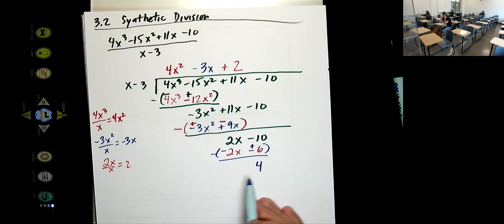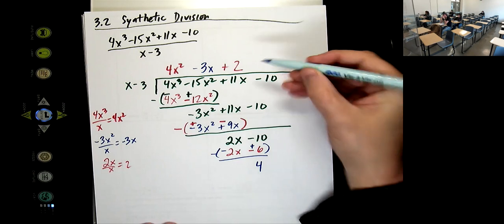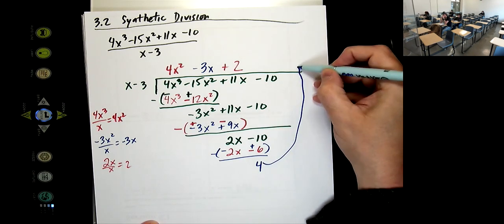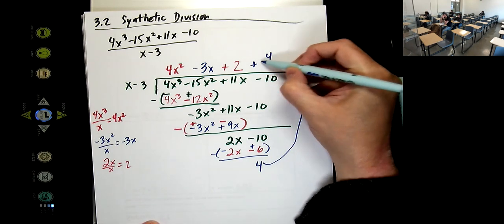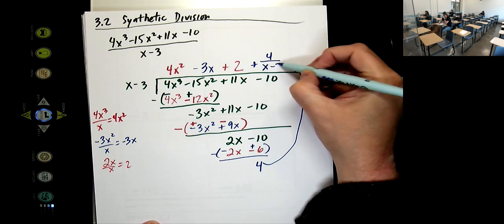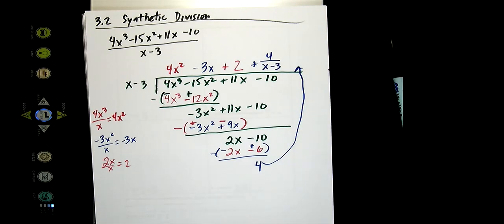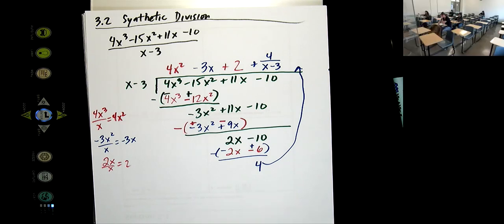When the exponent here is smaller than the one out here, I stop. I just take this and add it as a numerator over that denominator we had out front. It wouldn't be 4. It would be -4, yes.